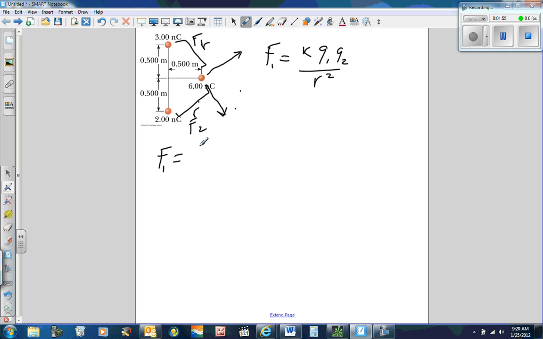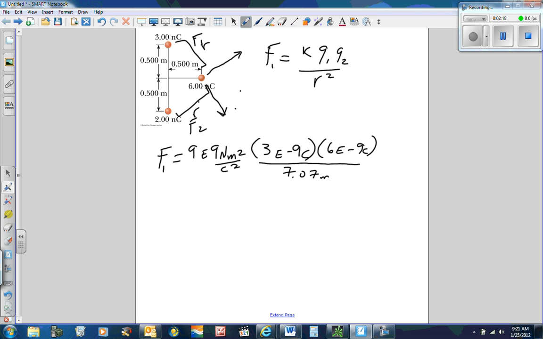F1 is going to equal 9E9 newtons meters squared per coulomb squared times 3E to the negative ninth coulombs times 6E to the negative ninth coulombs all over the distance, which I think we said was 7.07 meters, and we got to remember to square that.